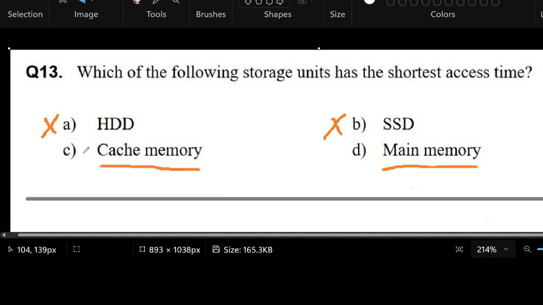Okay, so after all that explanation, with examples, of course, the correct answer would be which one? Letter C, cache memory, which gives us the shortest access time.